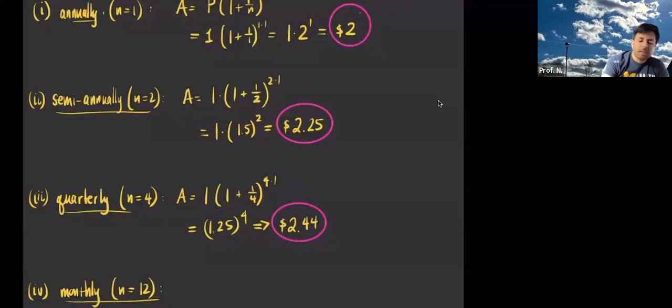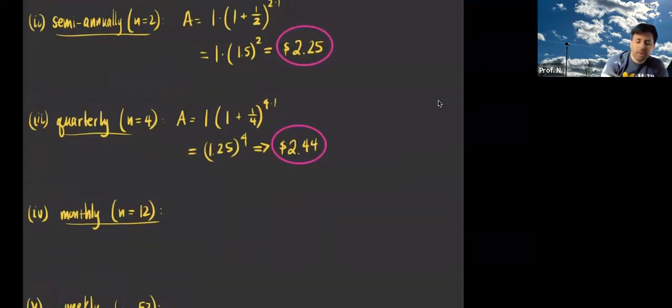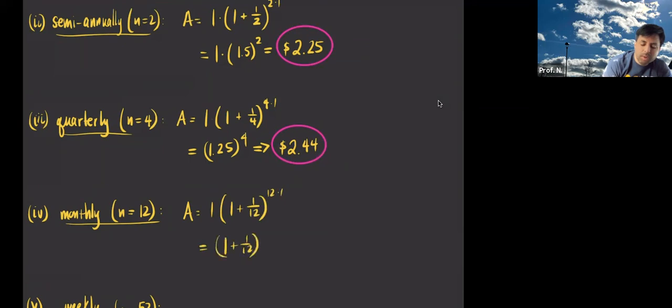So look what's happening. Something expected, right? The more times per year it's compounded, the more money we get. So it's obvious that we want this to continue, right? So if I do this monthly, what would my new account balance be? What would this be now? 1 plus 1 over 12, to the 12.